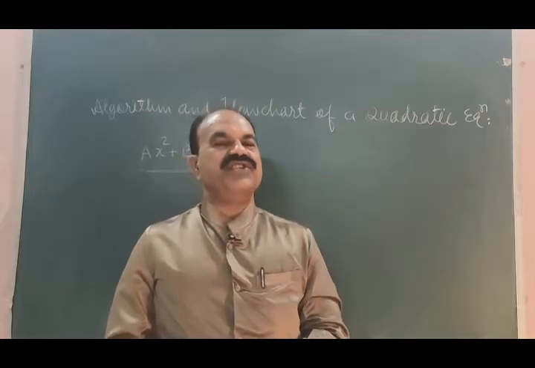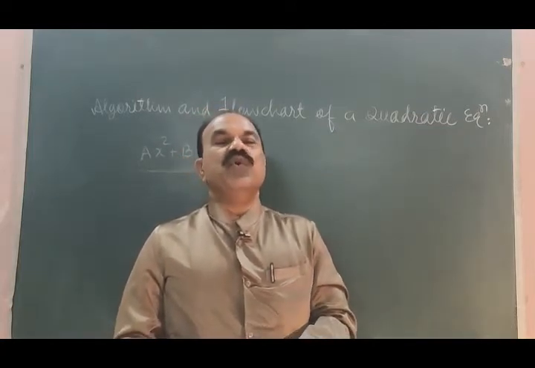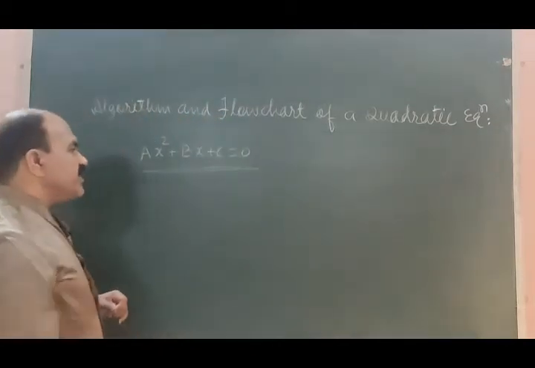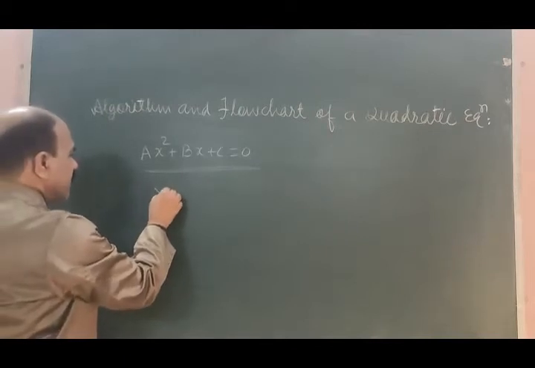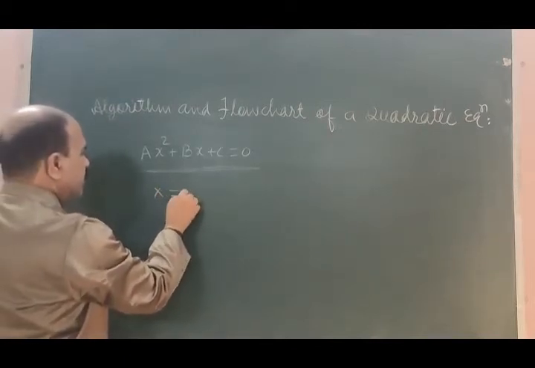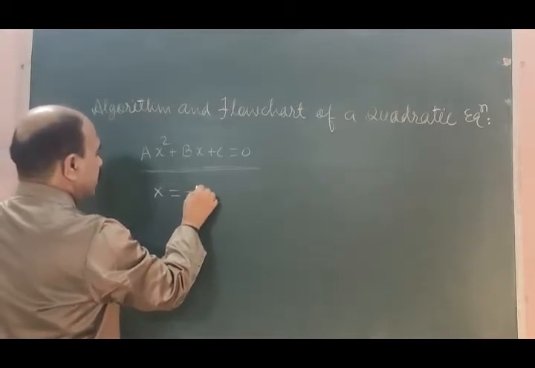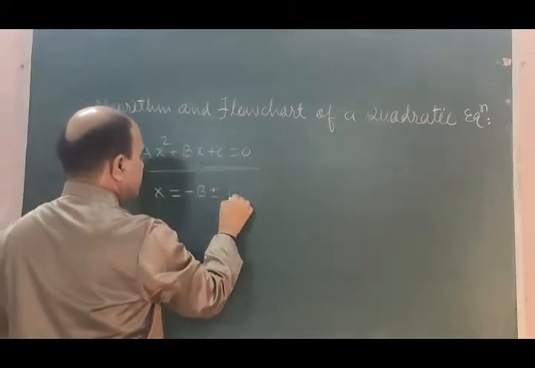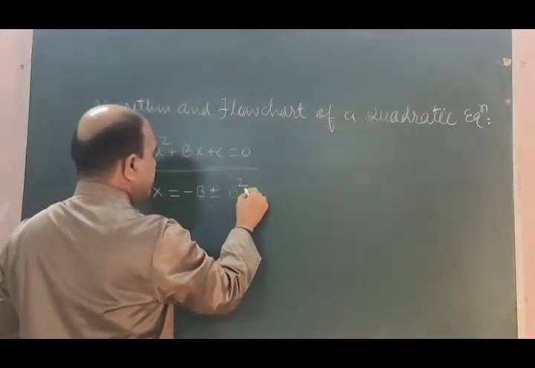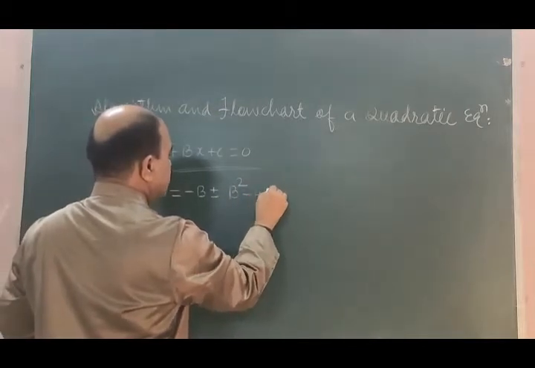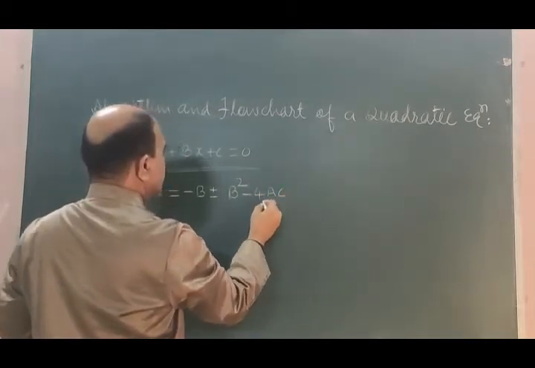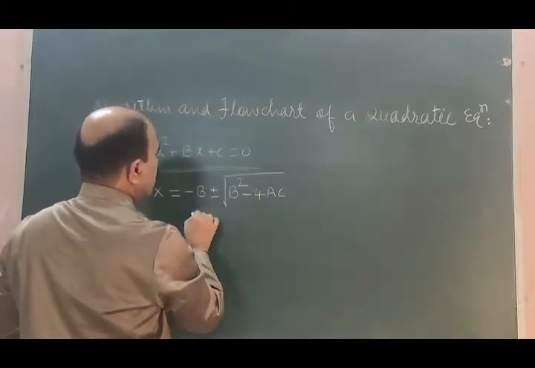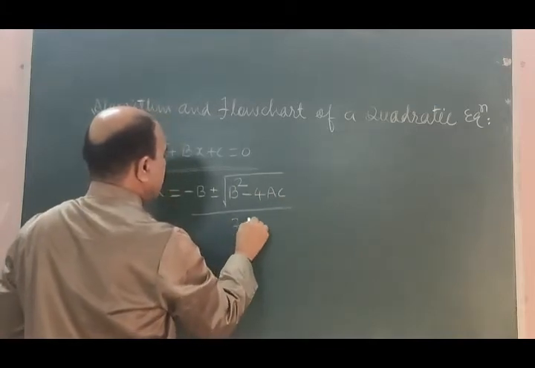And what is the standard formula to get roots of a quadratic equation? The standard formula is this: x is equal to minus b plus minus square root of b square minus 4ac, this whole divided by 2a.